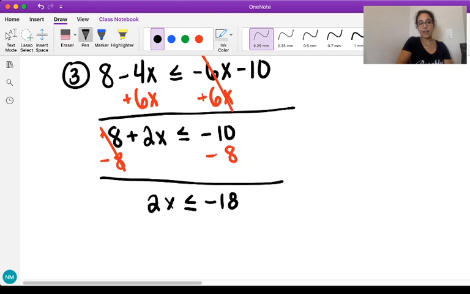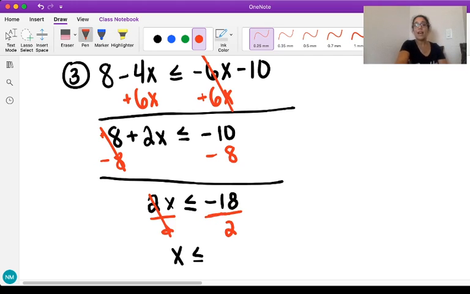And now I have to divide by 2. And I get x is less than or equal to, I don't have to flip a sign because I'm not dividing by a negative. The denominator is positive. Even though the thing I'm dividing is negative, as long as what I'm dividing by is positive, I don't have to flip. So negative 9.